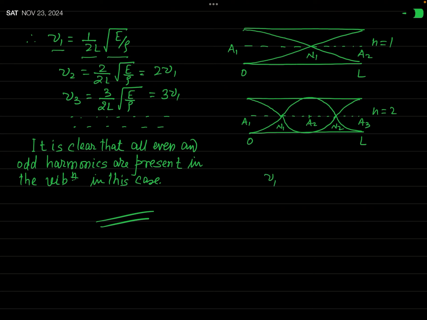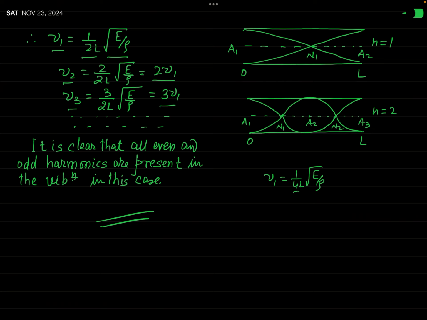You have seen in case of the closed organ pipe, nu1 was 1 over 4L times this much. But in this case, in place of the number 4, there is 2. So this is 2 times that frequency. Okay, and this nu2 will be equal to 2 over 2L times this much, which is 2 nu1. Nu3 will be 3 nu1 and so on.